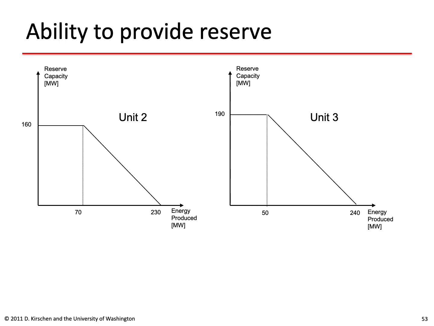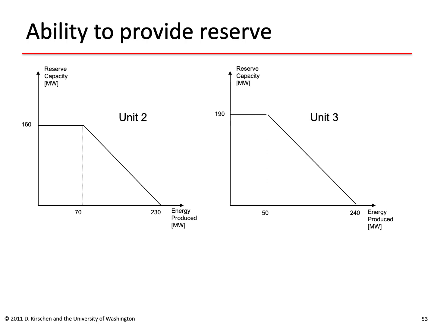Up to 70 megawatts of energy production, Unit 2 can provide its 160 megawatts of reserve capacity because its maximum capacity is 230 megawatts. But if Unit 2 provides more than 70 megawatts of energy, the amount of reserve it can provide decreases and reaches zero when it's at its maximum power output of 230 megawatts.